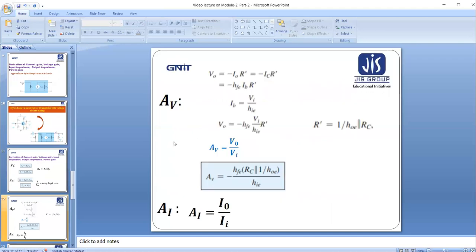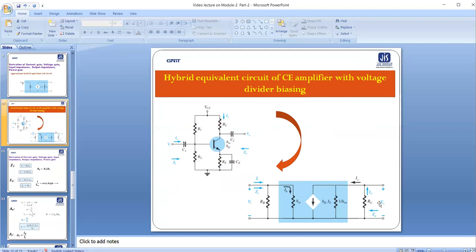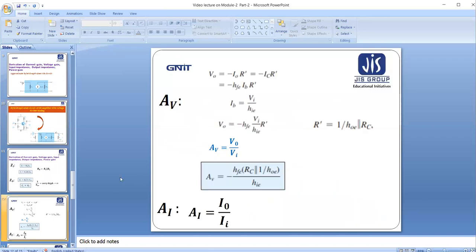Next, we are going to derive the voltage gain Av. Voltage gain is equal to Vo by Vi. Now, Vo means this is the output voltage. Here you will see that the current is entering into the device, not leaving the device. So when the current is entering into the device, Vo can be represented as minus Io into R prime.